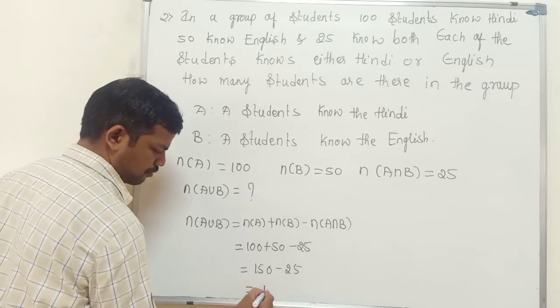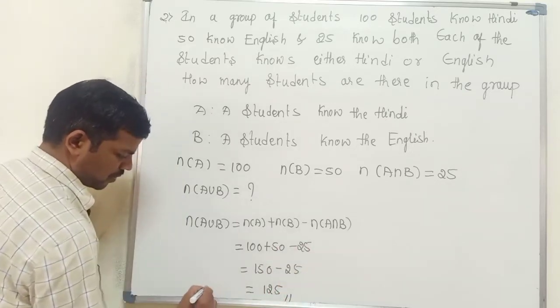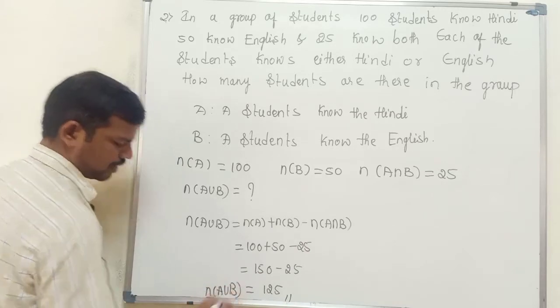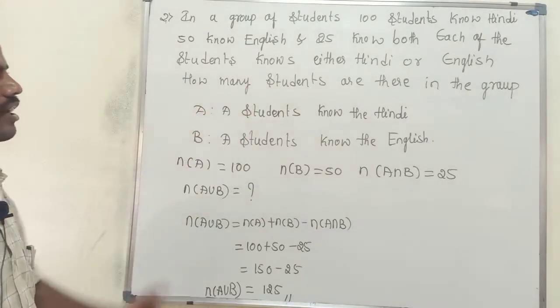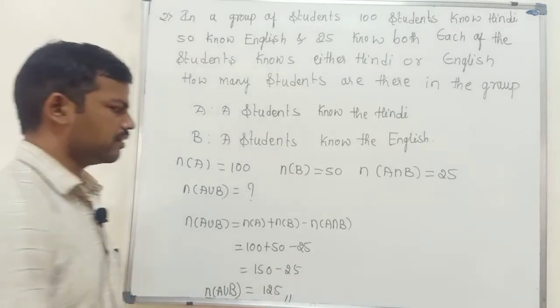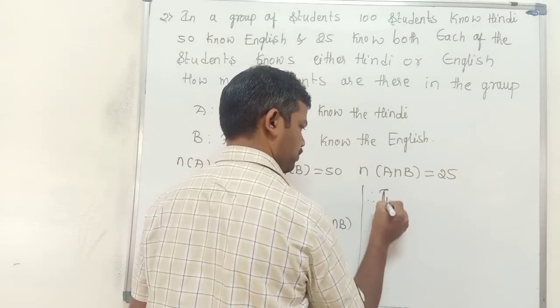So that we will get 125 as the answer. So this completes the problem. So in the group how many members are there? That is 125 members. There are 125 students in the group.